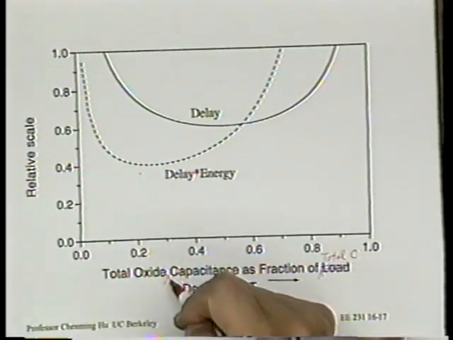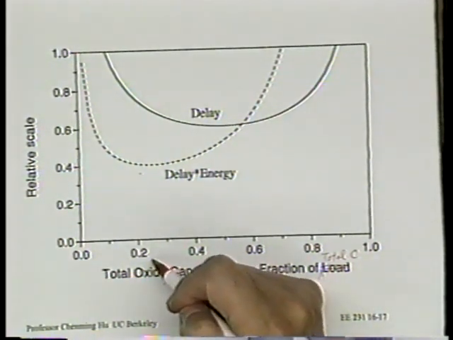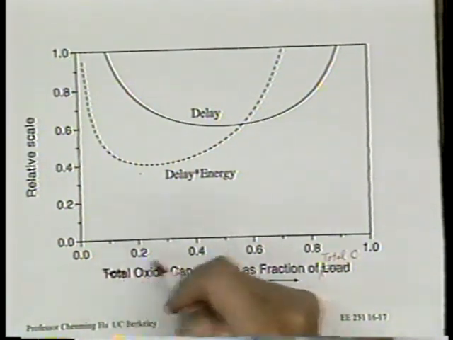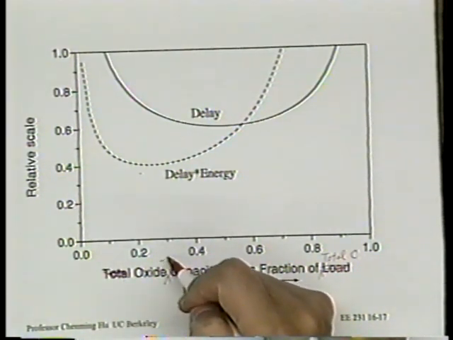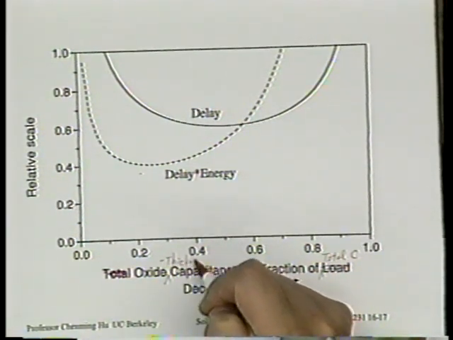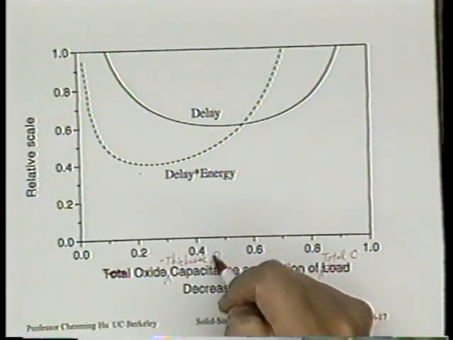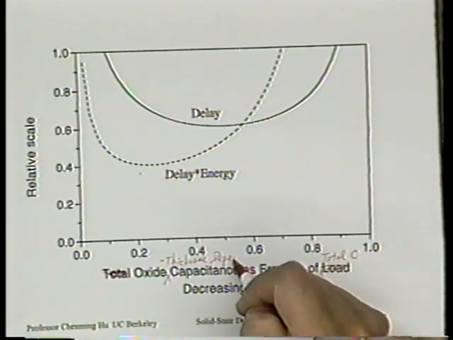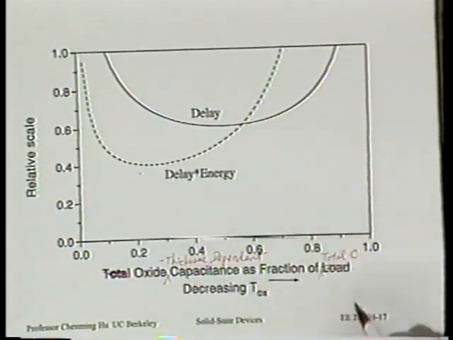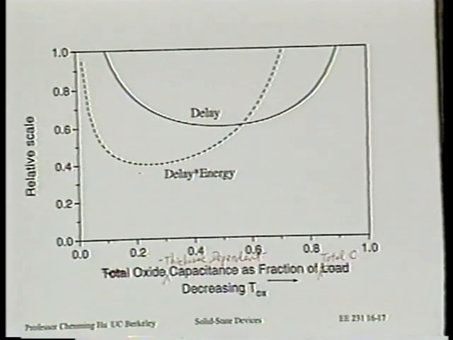So let's call this oxide thickness dependent capacitance as a fraction of the total C. Well, you can show that when the oxide thickness dependent capacitance is half of the total C, you minimize delay.